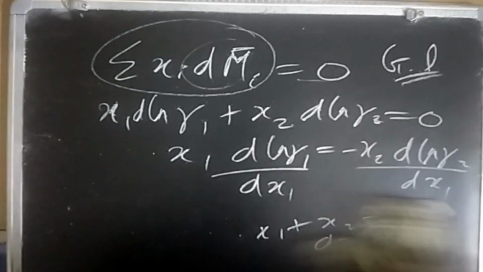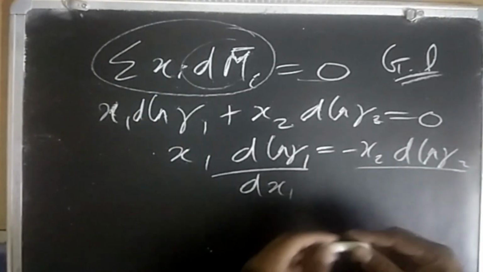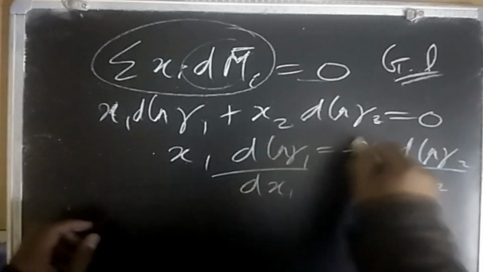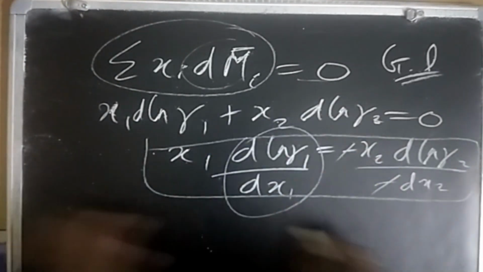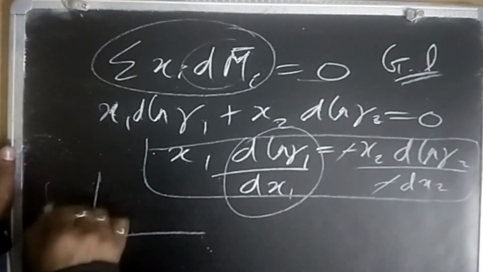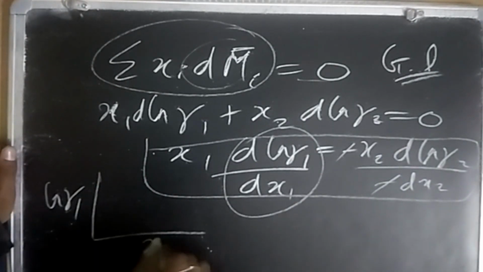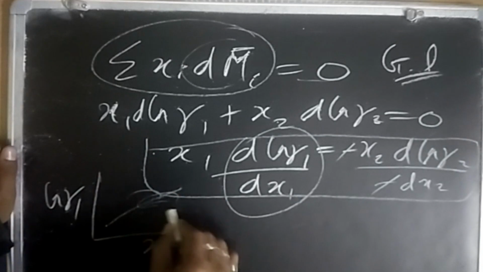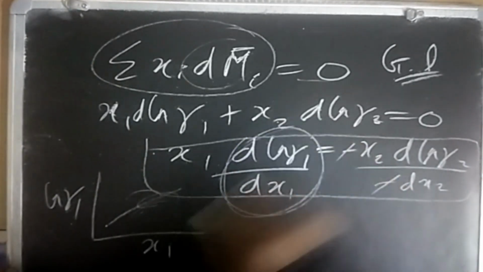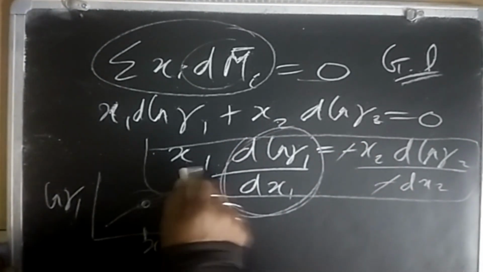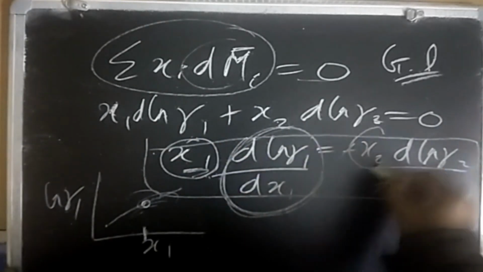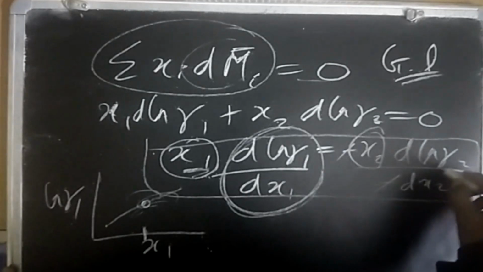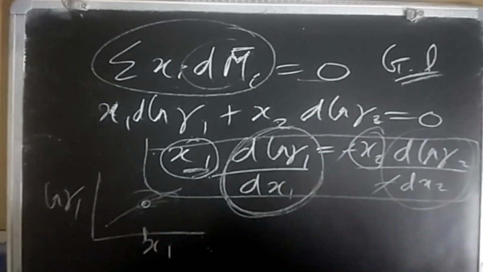The minus dx2 cancels out and we finally get this kind of relation. If ln gamma 1 versus x1 is given, we can take out this slope, and using this slope and any x1, because we know x1 we know x2 also, we can find out this quantity.